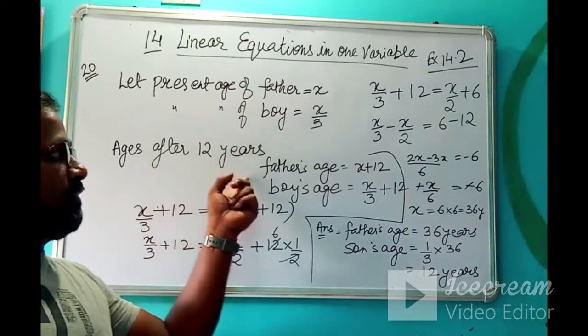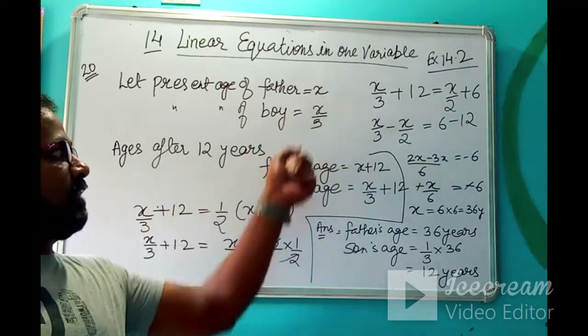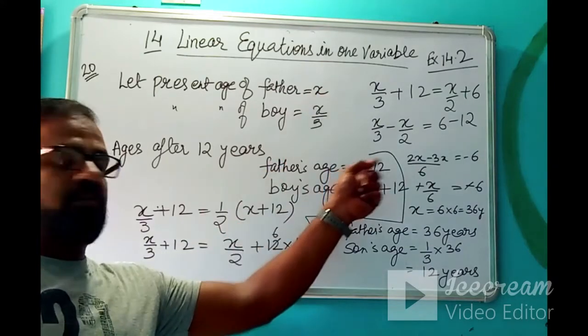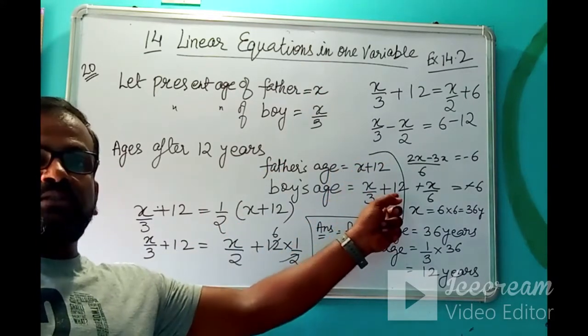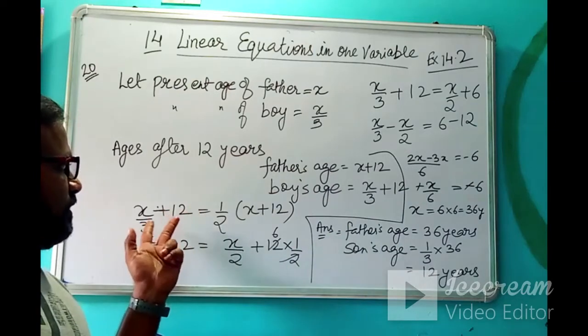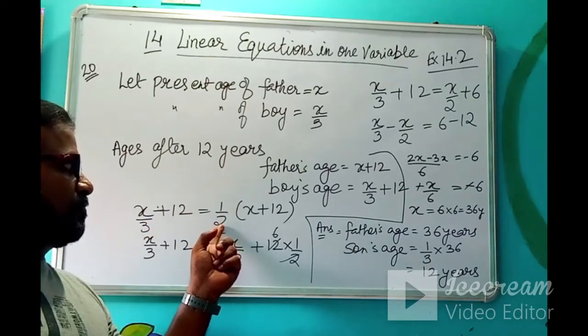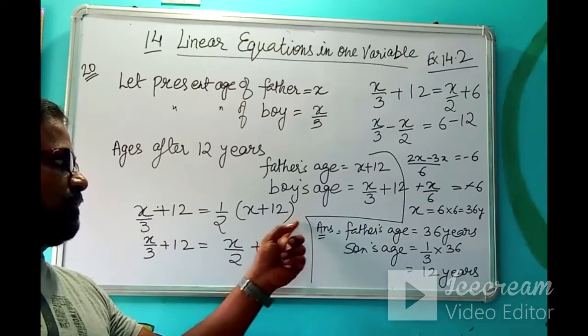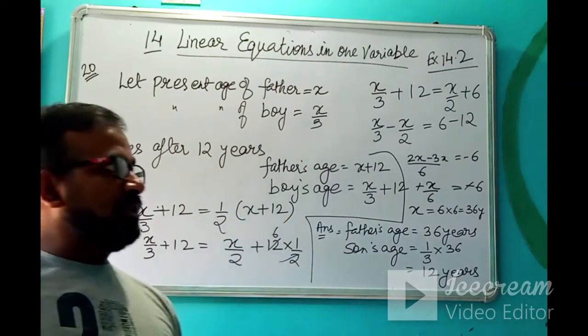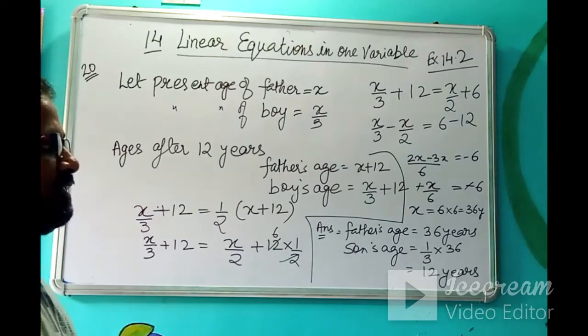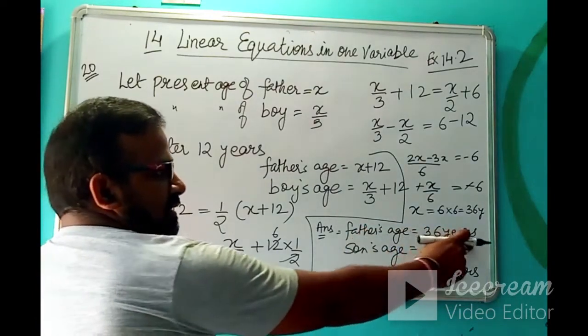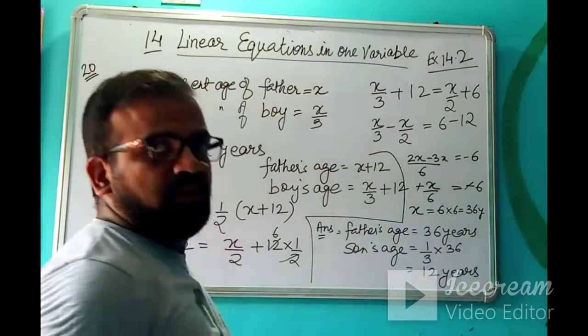Then ages after 12 years, that means we have to add these 12 years into their present ages. So x plus 12 and x by 3 plus 12. Then after 12 years, the boy becomes half of the age of the father. That means half of x plus 12. Then it becomes a linear equation, and then we have solved it to get the answer as father's age 36 years and son's age 12 years.